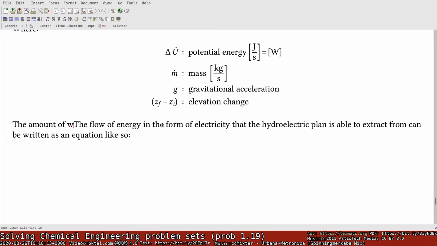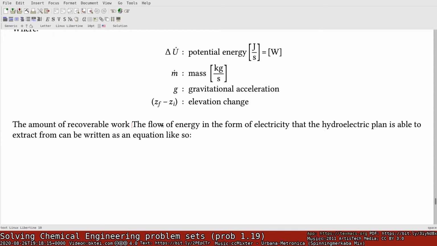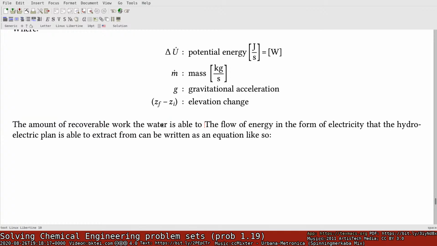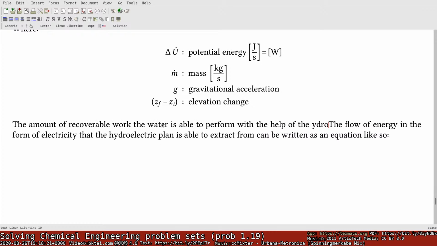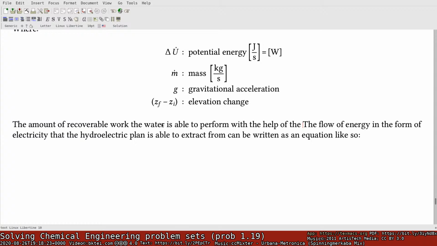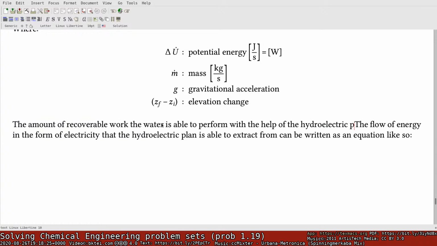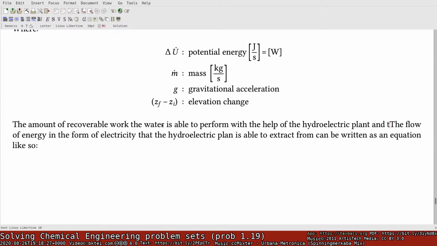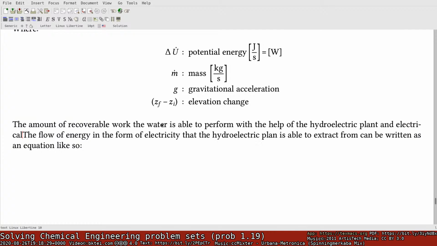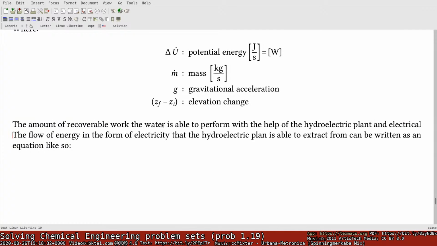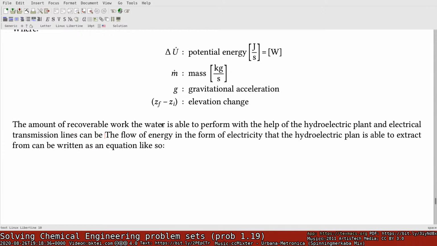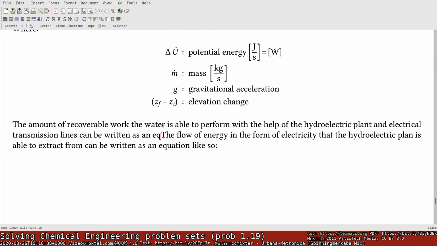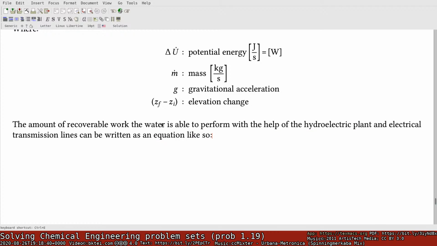Maybe that's not the best way to say it. The amount of recoverable work the water is able to perform with the help of the hydroelectric plant and electrical transmission lines can be written as an equation like so. Yeah, I'm satisfied with that.